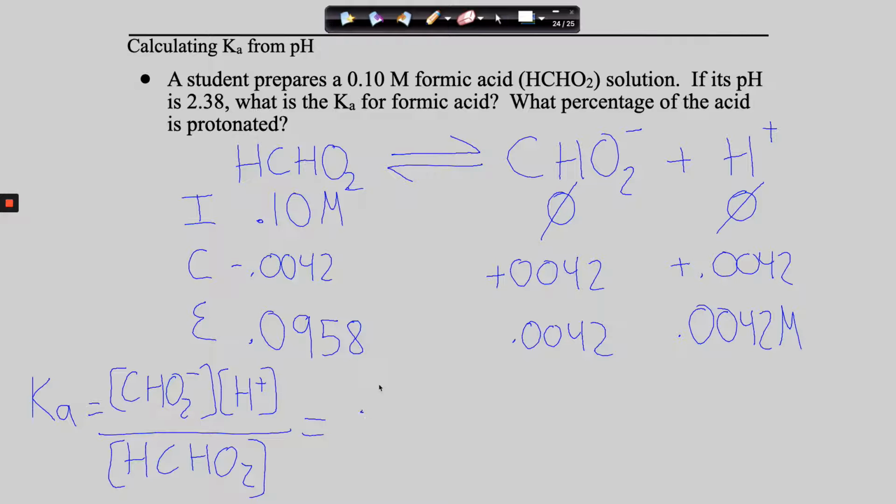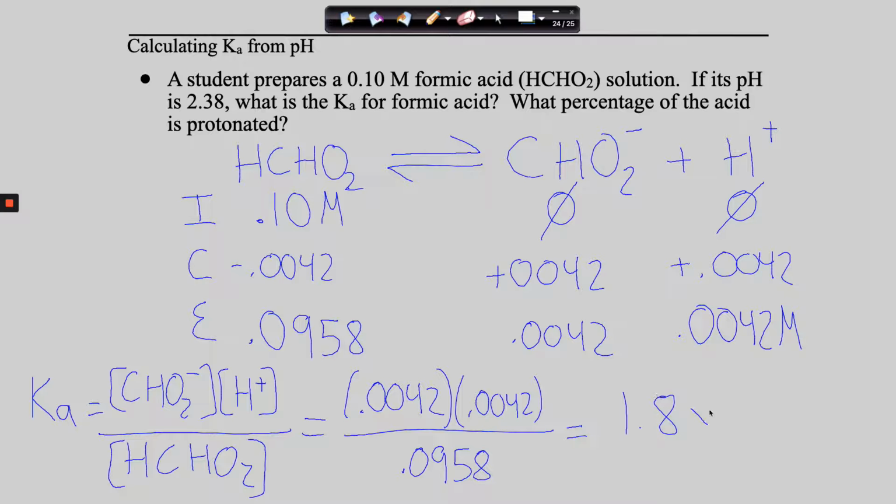So we're going to go 0.0042 times 0.0042 divided by 0.0958. Now I'm going to square it just because that's easier. And then divide that by 0.0958. And now I'm going to put it in scientific notation. I get 1.8 times 10 to the negative 4.